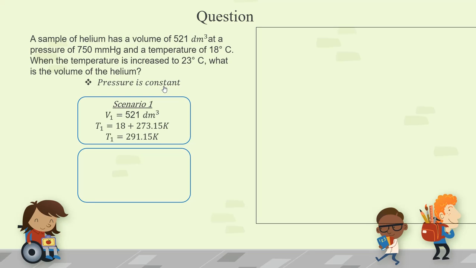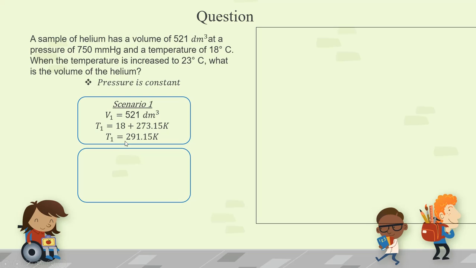So scenario 1, we say the volume is 521 dm cube. Remember, we are dealing with ideal gases. We are looking at the gas laws. If we have a temperature in degrees Celsius, we will want to change it to the absolute temperature. So what we do, changing degrees Celsius to Kelvin, we add 273.15 to our Celsius reading.